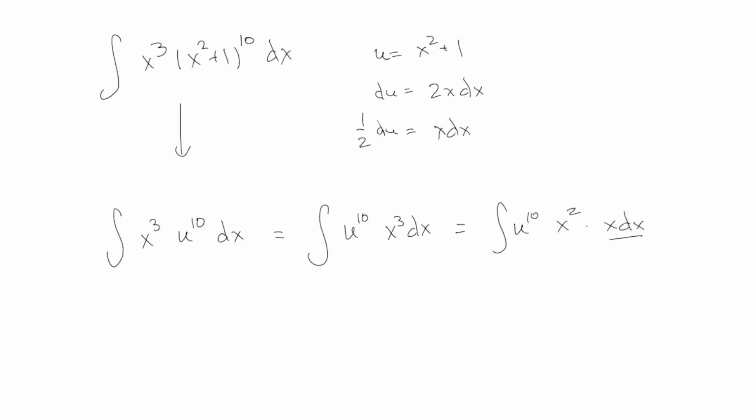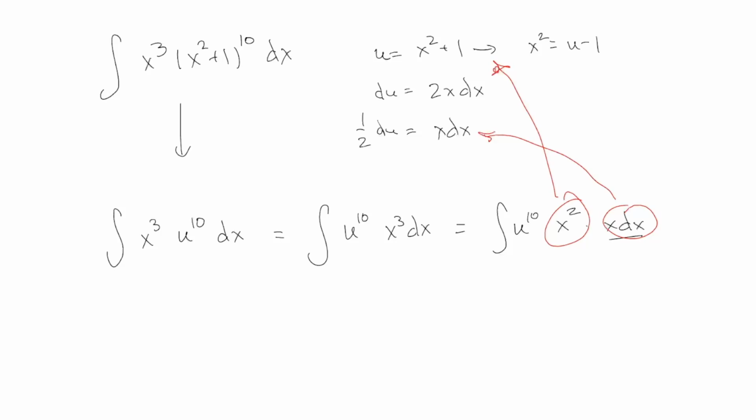Right. So this x times dx, and this is a non-obvious step, so that's what makes this one a hard one. This x times dx comes from there. This x squared is handled from here, u equals x squared plus 1, and like she said, you can isolate the x squared from that. So this becomes, sorry for all my arrows, looks like a crazy person wrote this. x squared equals u minus 1, right?